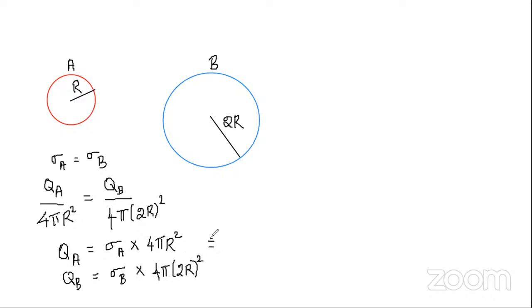So this implies QA equal to sigma into 4 pi r square, that means 4 pi sigma r square, and QB equal to, this 2 square is taken as 16, so this will be 16 pi sigma r square.